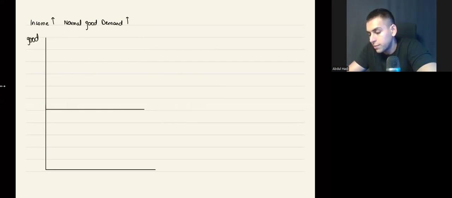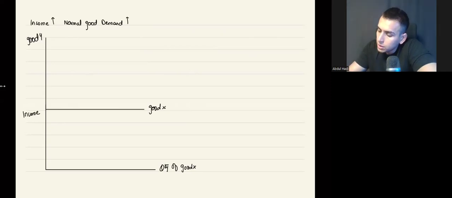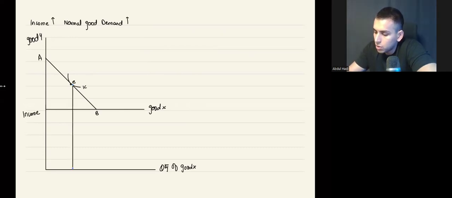This is my good Y, and this is my good X. This is my income level, and this is the quantity of good X. Initially, let's say this is my budget line AB, and I have to draw the indifference curve in the center, like I told you previously. This is my IC, and this is my current equilibrium position E, and this is the current equilibrium quantity consumption of good X.